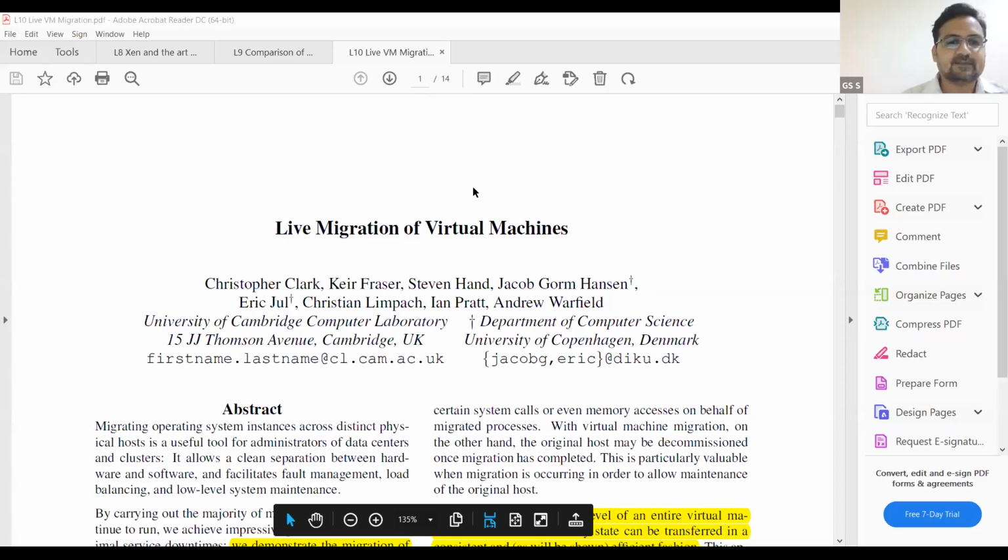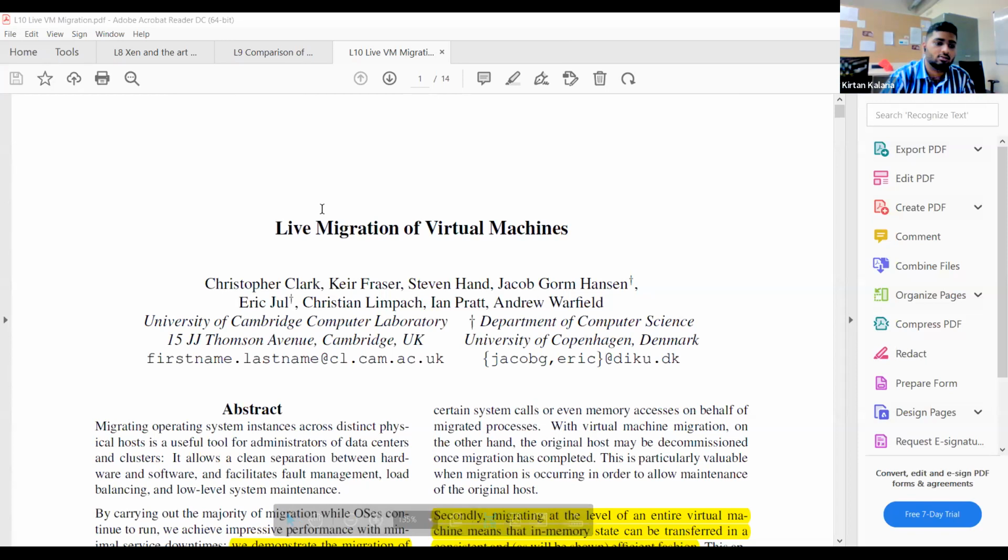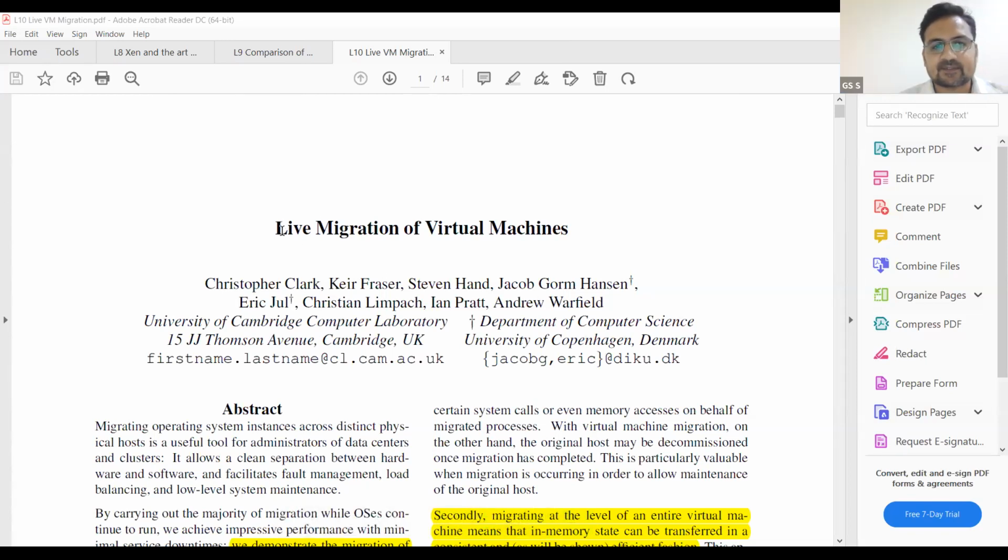Just a moment. Is it visible? Yes, sir. Okay. The real solution lies in this paper, Live Migration of Virtual Machines.